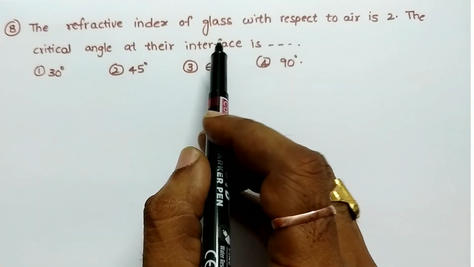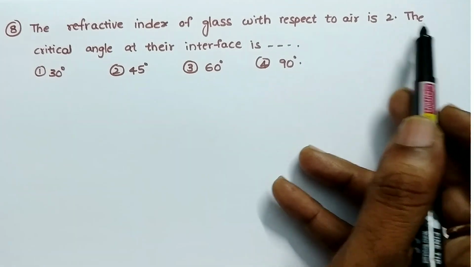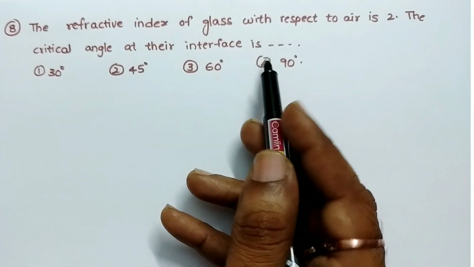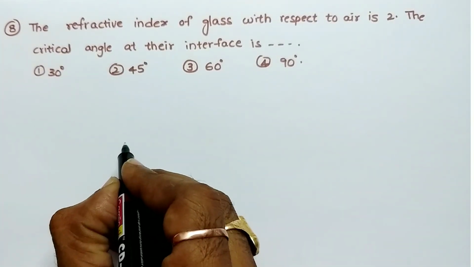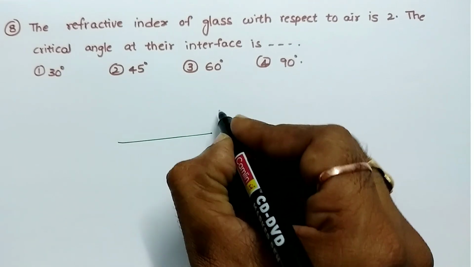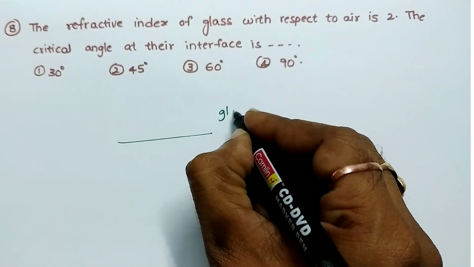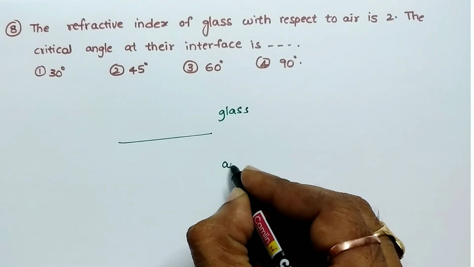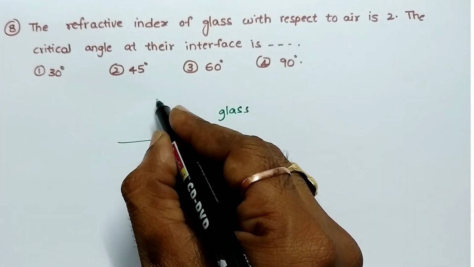The refractive index of glass with respect to air is 2. The critical angle at their interface is? So here are two media: the first one is glass and this is air, and this is the normal.